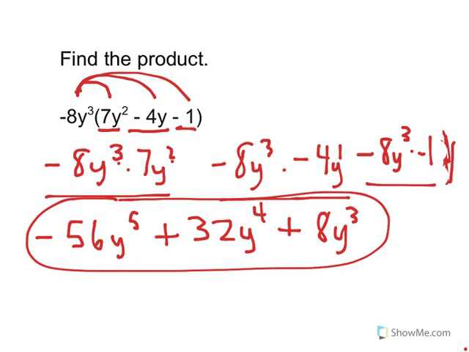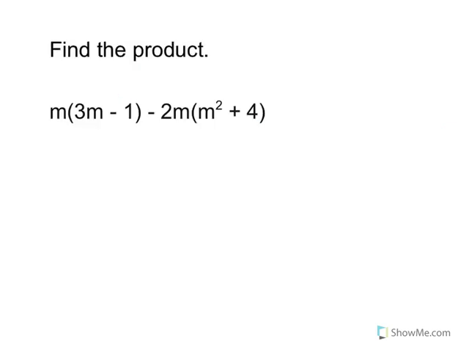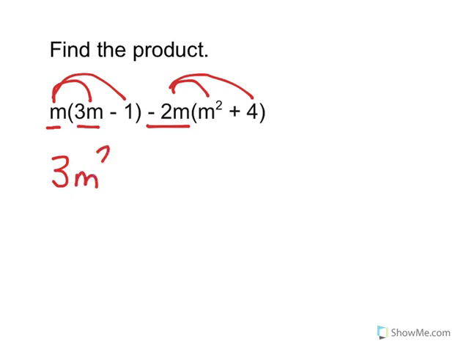Okay, now to end this, I'm going to look at one more problem here. And this time we actually have a couple things we've got to do. We've got to distribute the m to the 3m minus 1. We've got to distribute the negative 2m to the m squared plus 4. And then we've got to combine like terms when we're done. So if we do this, let's take m times 3m. That's 3m squared. I'm not going to write out each individual product this time.